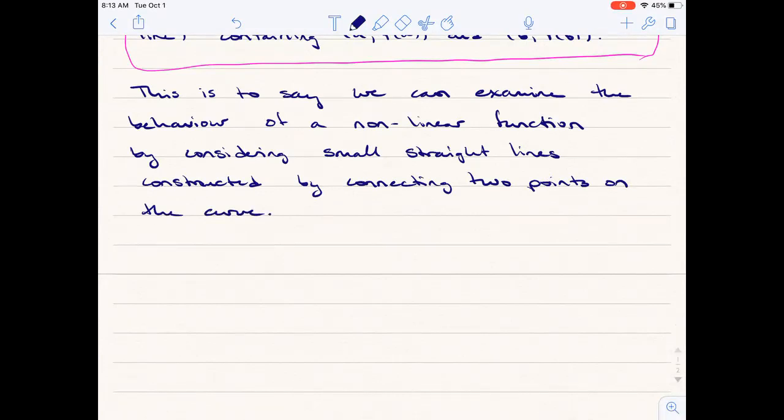Right, and so got a page break here, so I'm gonna try to squeeze it in. But imagine if we have an X and a Y coordinate here, if we've got a function that looks like, well, let's take something kind of simple like this, right?